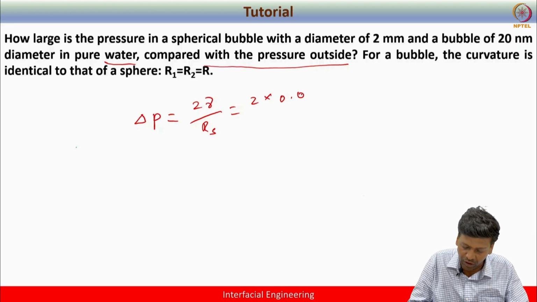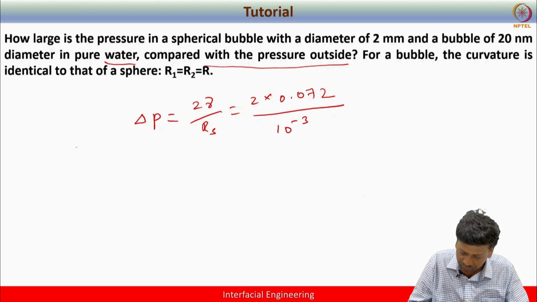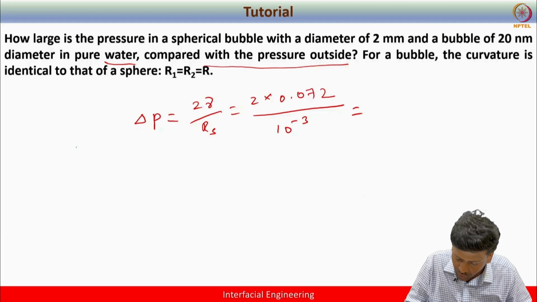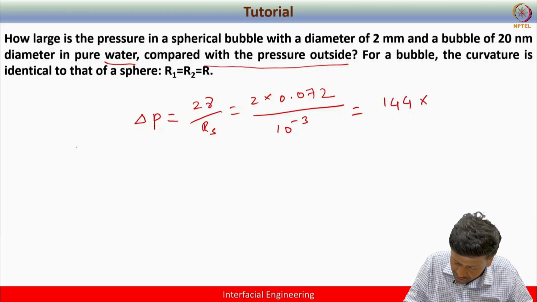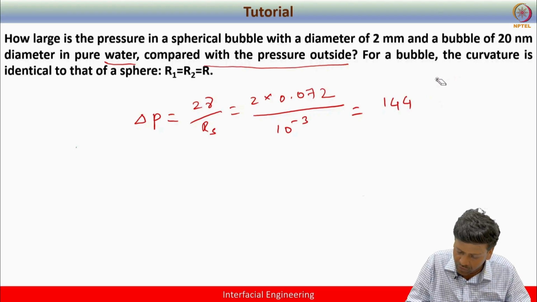So one would take 0.072 Newton per meter divided by the radius. The diameter is 2 mm, so you can take the radius as 1 mm, which is 10 power minus 3. So in this case, one would get it simply as 144 Pascal, right?